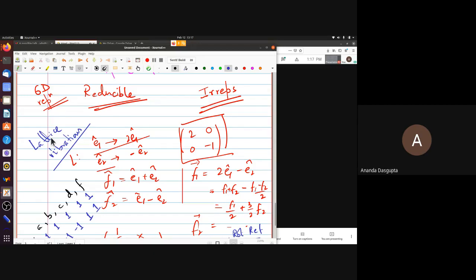I'm not asking exactly how many, but you started with capital N atoms, right? Capital N could be a huge number. But ultimately you ended up solving only a 1-by-1 equation to find the dispersion relation. Why? Because you had this translation symmetry in the system which helped reduce the problem to a small problem.